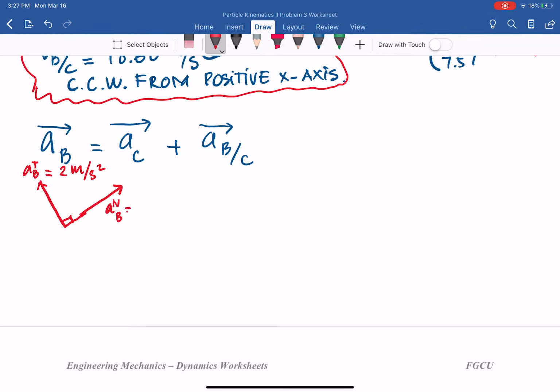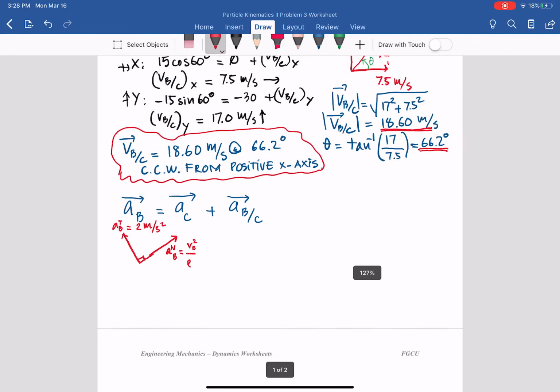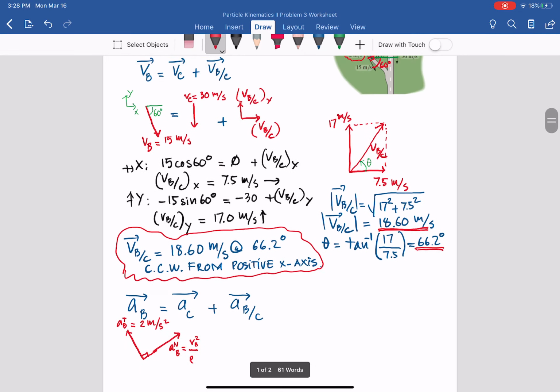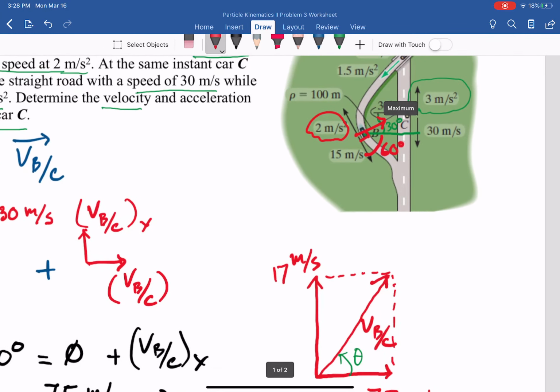It will be the velocity of car B squared over rho at that instant, over rho, not rho squared. So the velocity of B at that instant is 15 meters per second, and rho here is 100 meters.